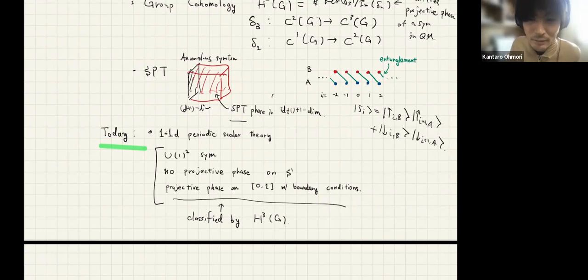To see the projective phase, we have to quantize the theory on an interval with boundary.